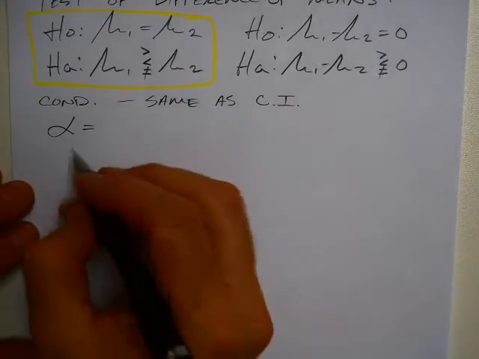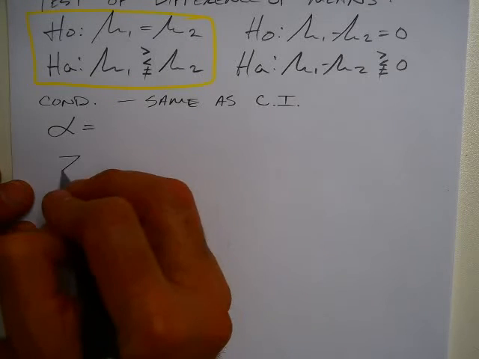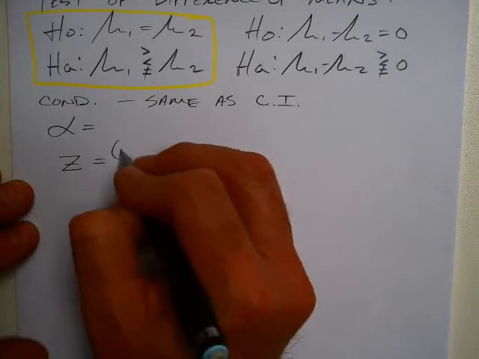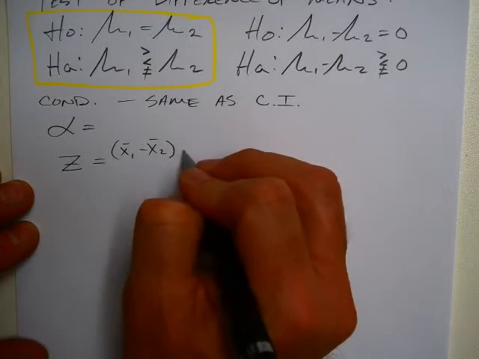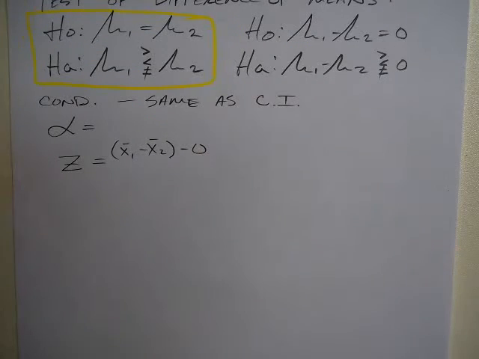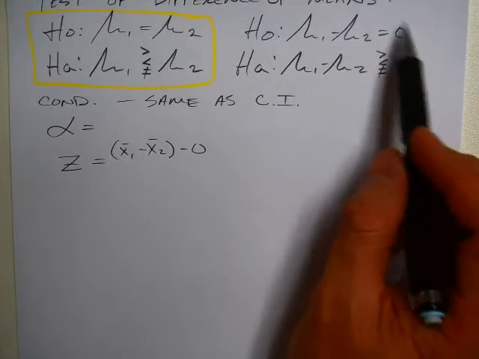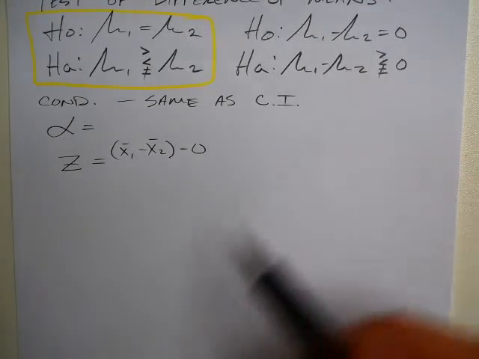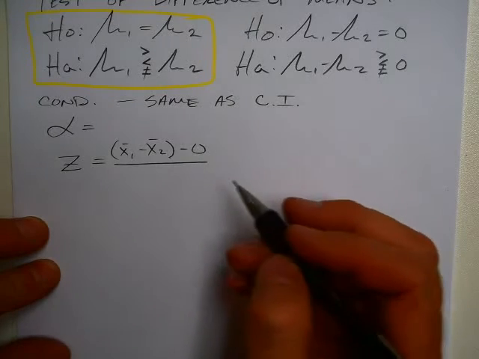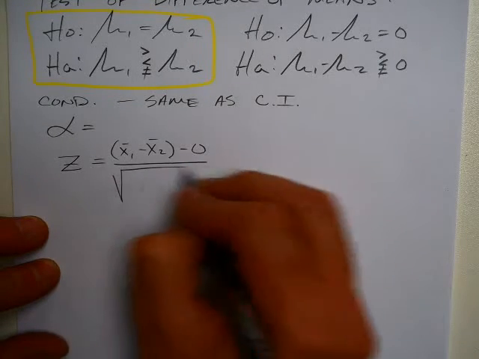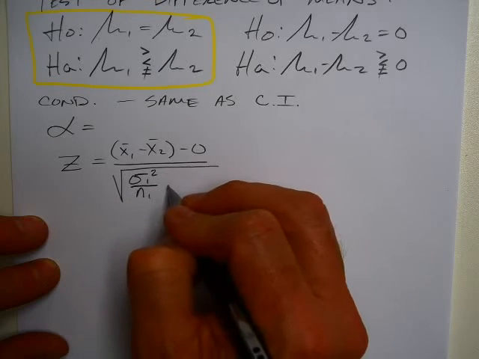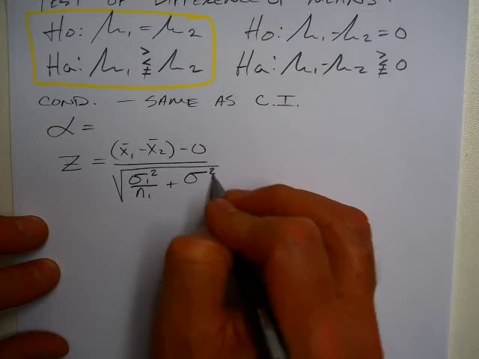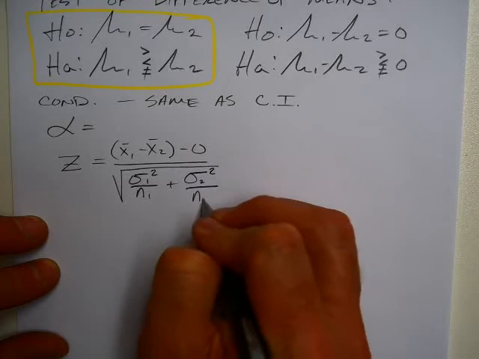Now our first test. If we know sigma, z equals x bar 1 minus x bar 2 minus 0. What's the minus 0 from? That's actually from this right here. Over the square root of sigma squared 1 over n1 plus sigma squared 2 over n2.